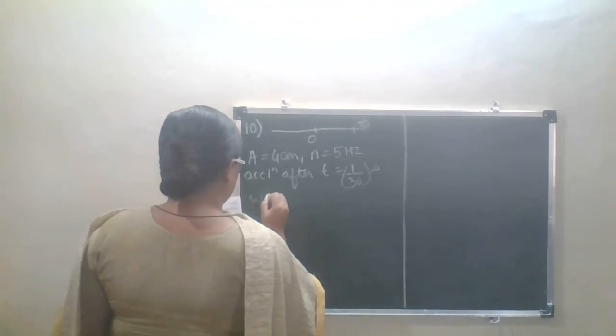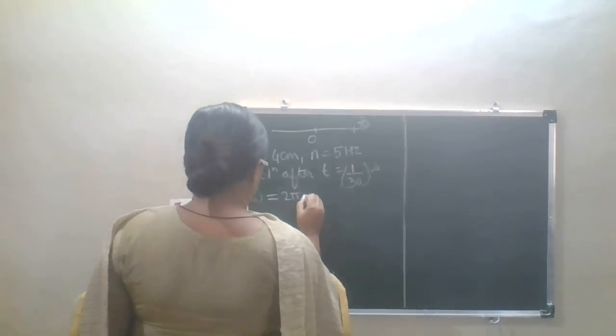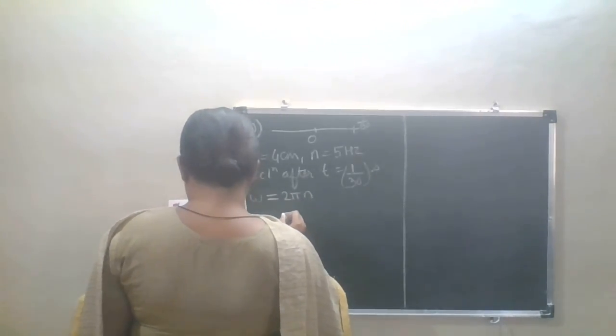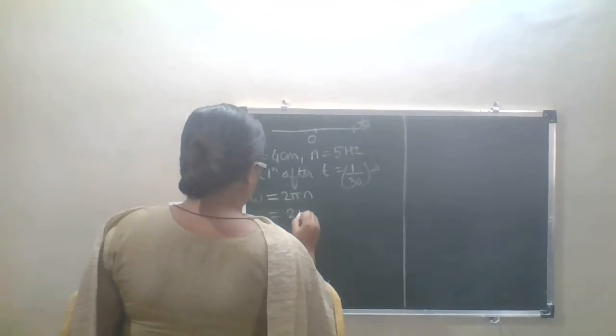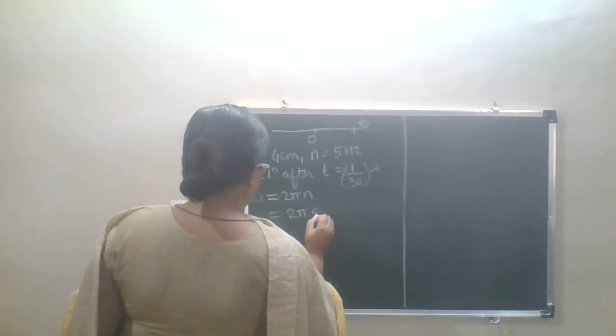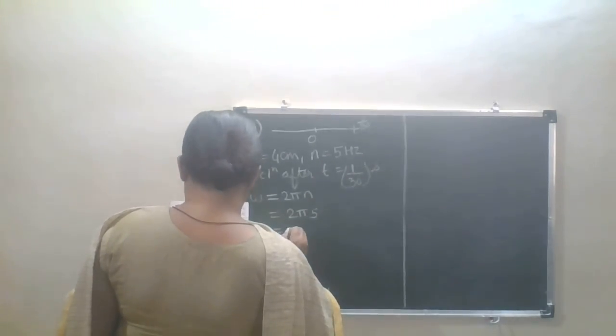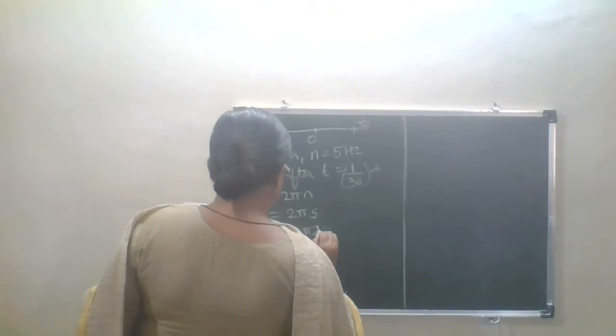So omega is equal to 2 pi n, and here n is 5, so this will be 10 pi radian.